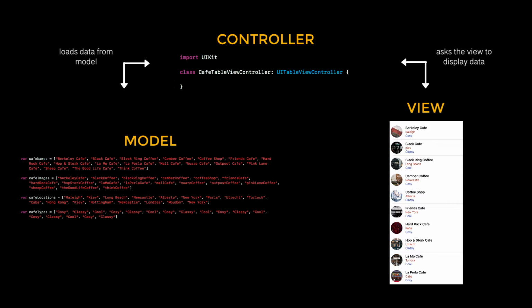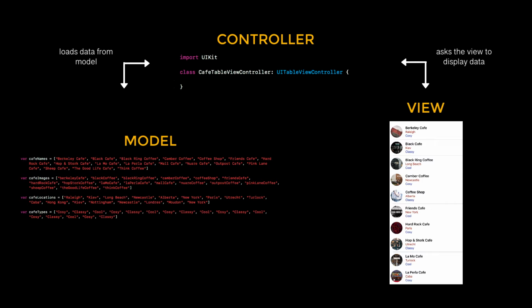For instance, the user taps the delete button in the view. Consequently, the controller triggers a delete operation in the model, okay? Once finished, the model requests the view to refresh itself so as to reflect the update of the data model.